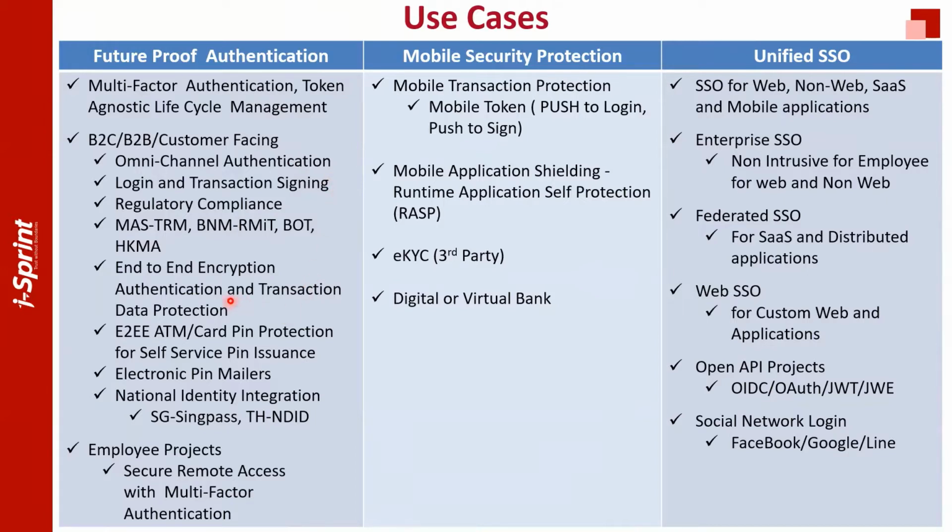We also have a few modules under this, such as E2EE, ATM, and ePIN mailers, and all of our solutions are compliant with the risk guidelines set by our Malaysian regulator.